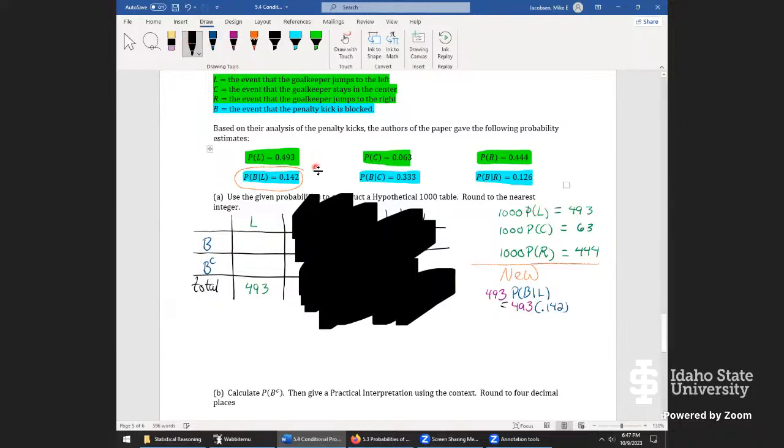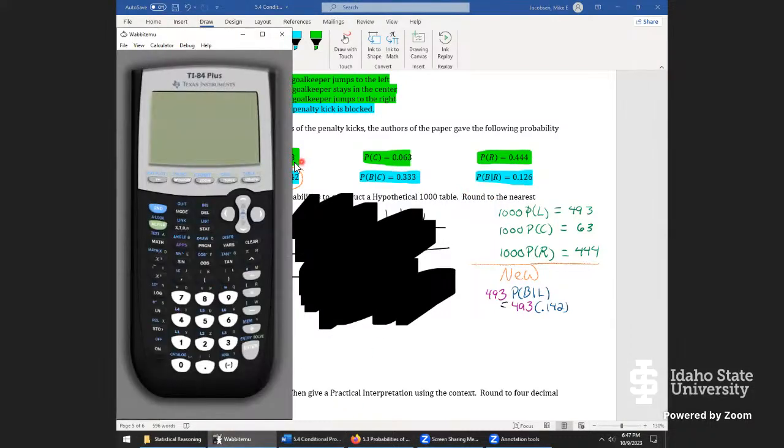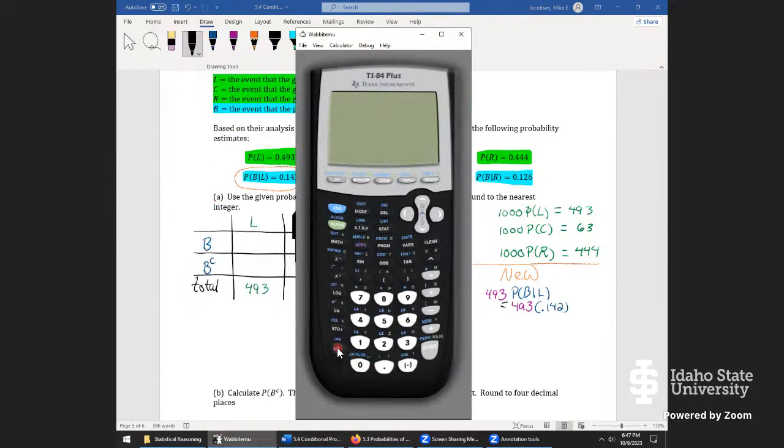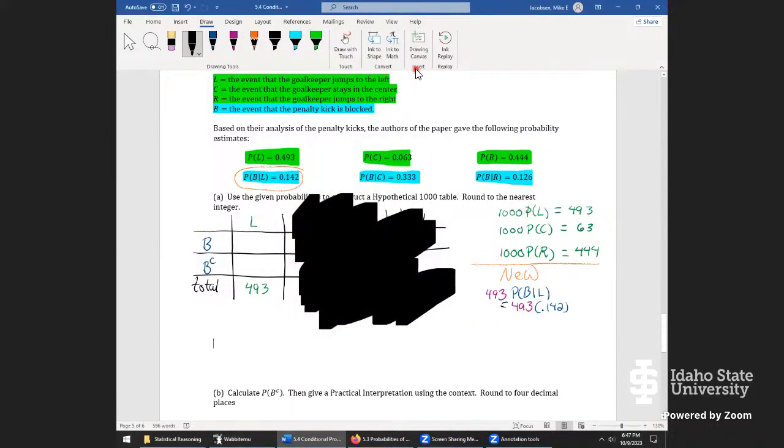We're going to get a count which may not be an even integer, but this says round to the nearest integer just for this kind of scenario. So let's see what we get. 493 multiplied by 0.142. And we have a count of, to the nearest integer, 70 such kicks. So 70 would go right exactly here.